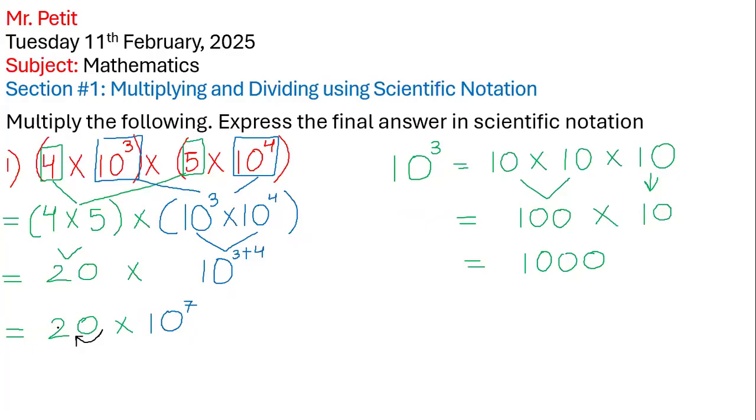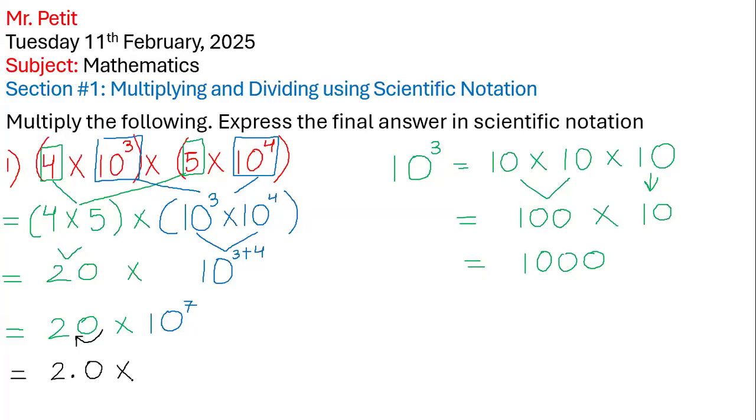So instead of having 20, I'm going to have 2.0. Wouldn't it just be 2? Yeah, but I want to keep it as 2.0. But there's a cost. I can't just do that willy-nilly.